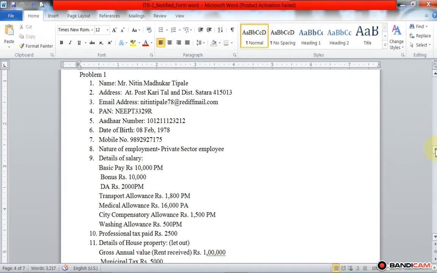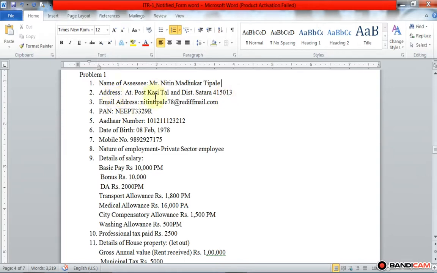So here problem number one is given, that is the name of the assessee. The name of the assessee is Mr. Nitin Madhukar Tipale, address at post Kari, Tal and Dist Satara, pin code 415013.